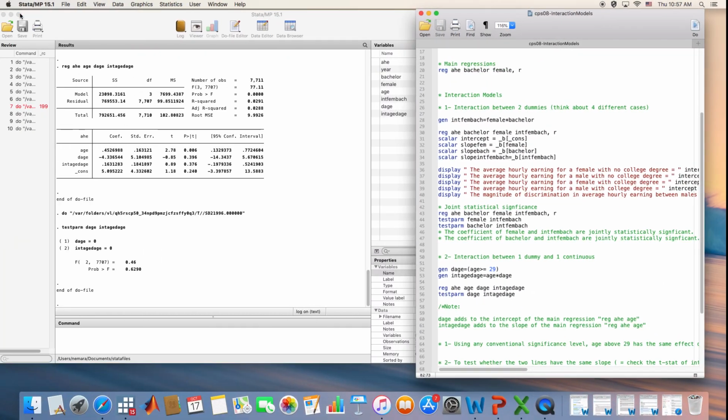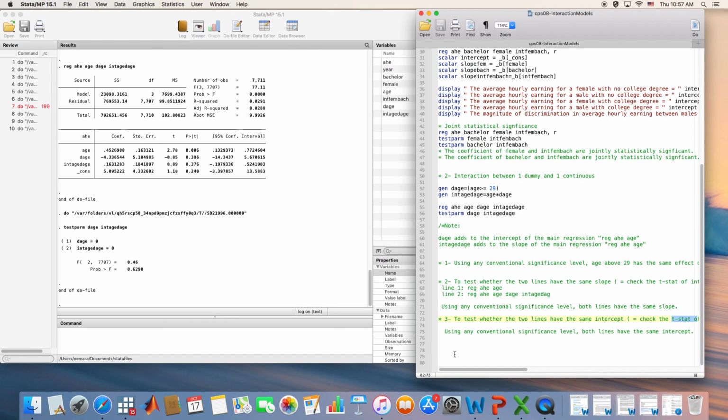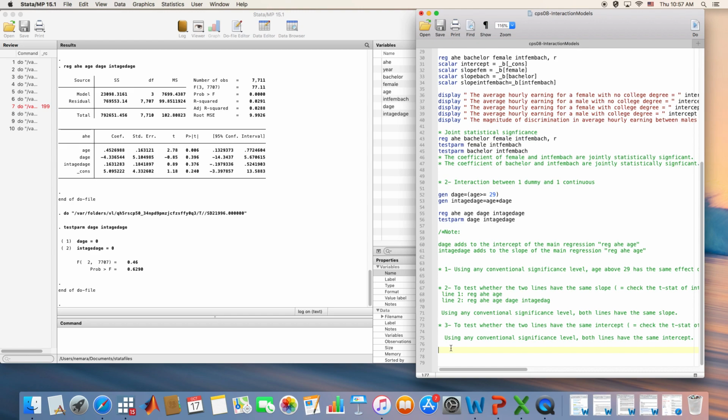Of course, interaction models can also have, let me just close this one, and I want you to note that we can also have a third type, which is the easiest, which is an interaction between two continuous variables. Unfortunately, I don't have 2 continuous variables in this model.